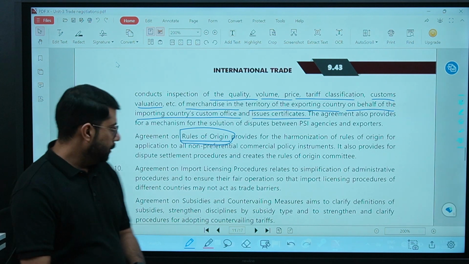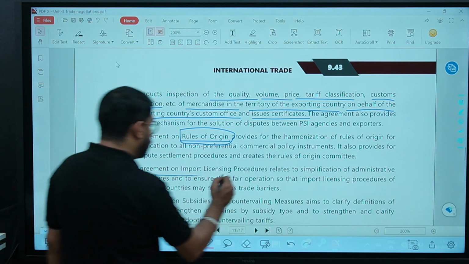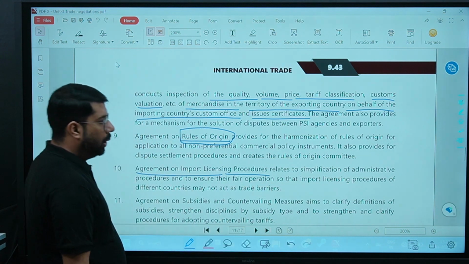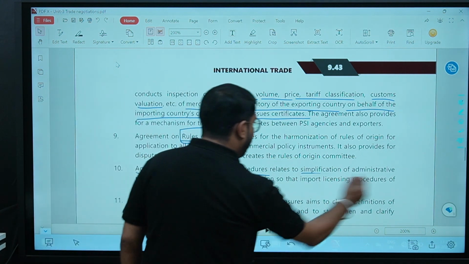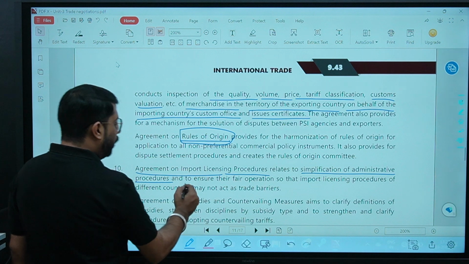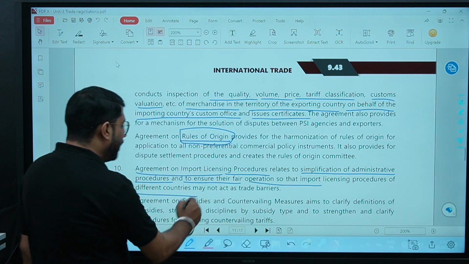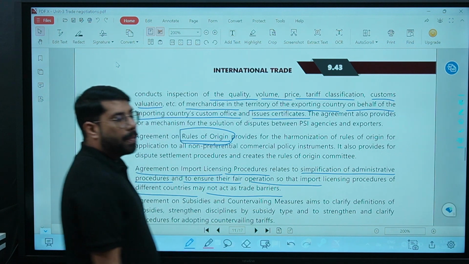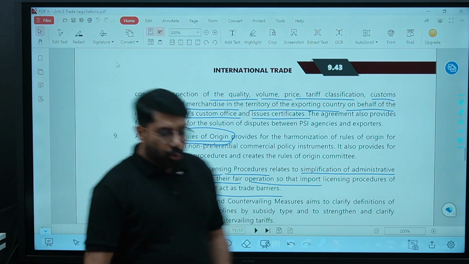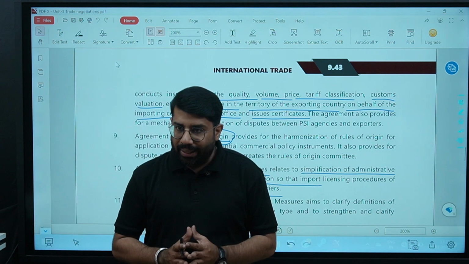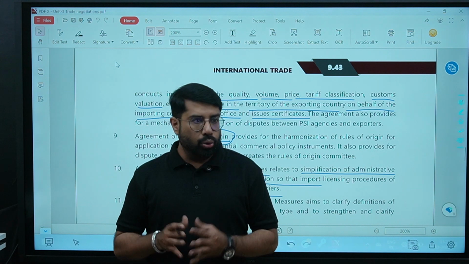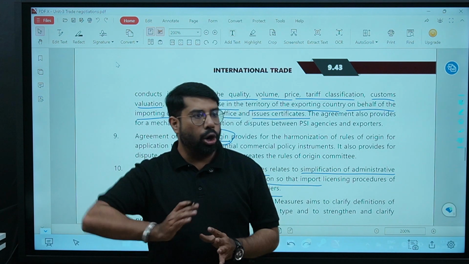Are we clear? Then we have agreements on import licensing procedure, which relates to simplification of administrative procedure and to ensure their fair operation, so that import licensing procedures of different countries may not act as a trade barrier. It means whether one company of a country is eligible to import goods from the other country or not.